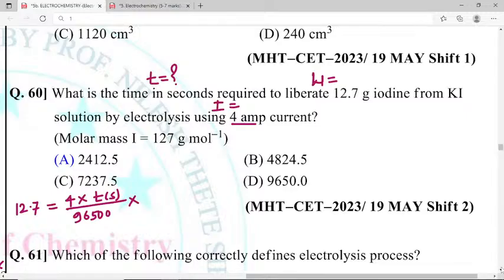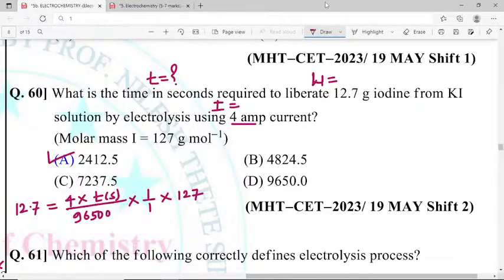Iodine has a mole ratio of 1/1, multiplied by molar mass 127. Okay, if you solve this, we'll get the answer 2412.5.